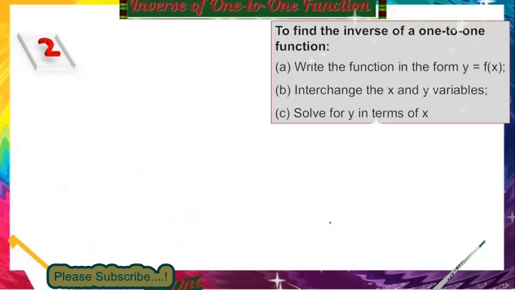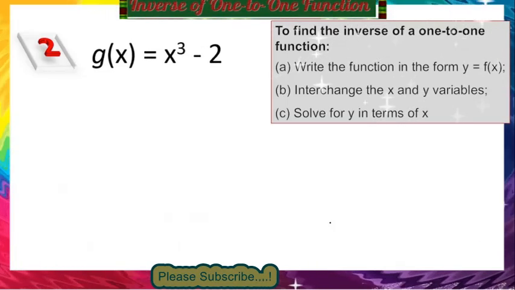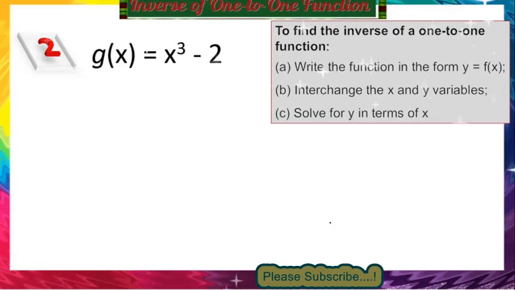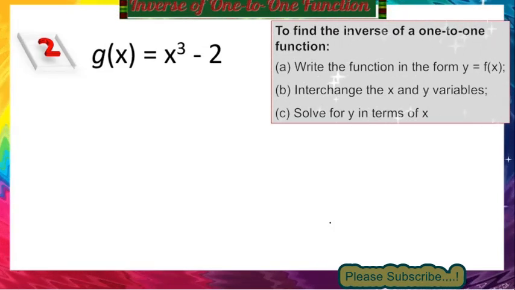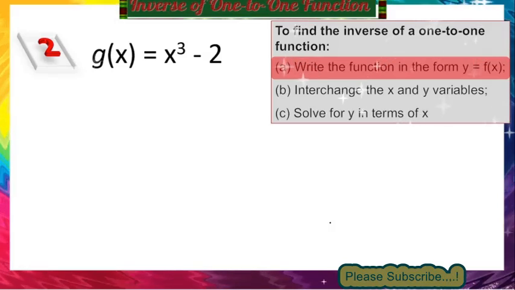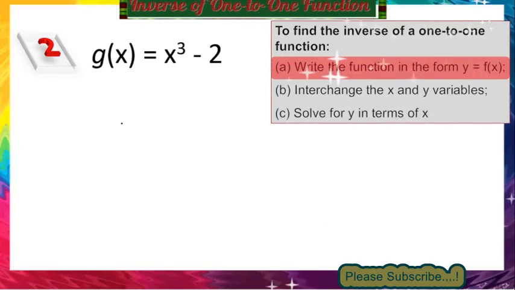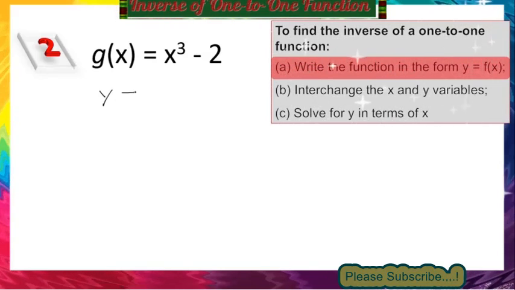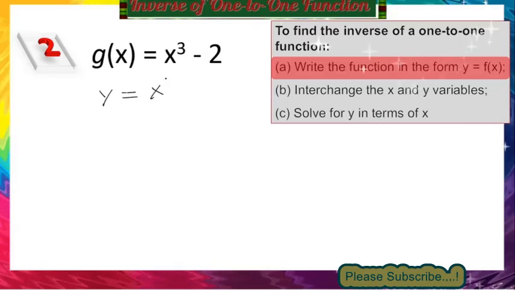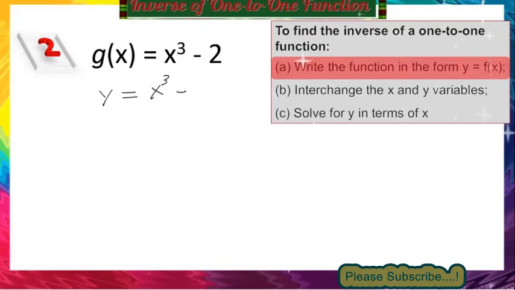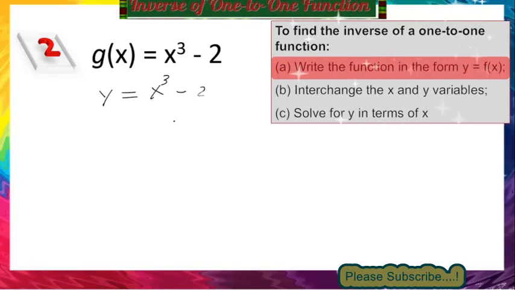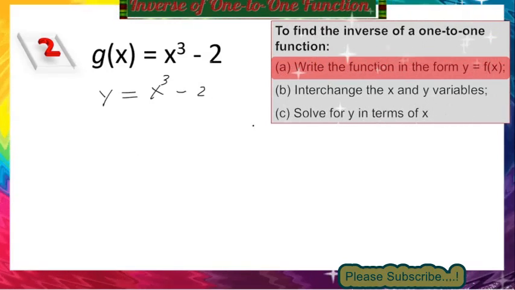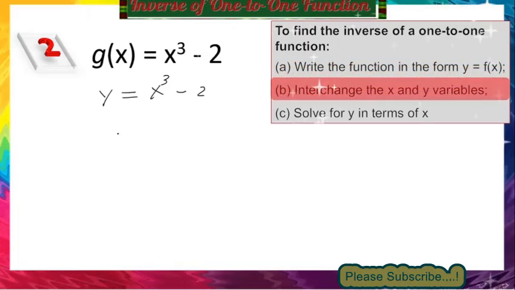Number 2. The given function is g of x equals x cubed minus 2. The same procedure: we will write that function in terms of y, so g of x will become y, then copy x cubed minus 2. Then interchange the x and y variables.